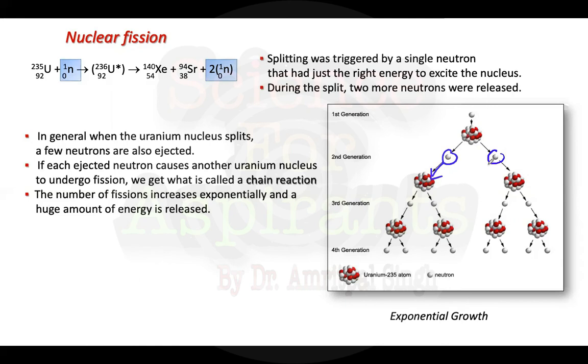These two neutrons further interact with two uranium atoms and form four neutrons. These four neutrons interact with uranium atoms and form 8 neutrons. This is how, once the reaction is triggered, it is very, very difficult to control, and a very large number of neutrons are formed within a fraction of a second.